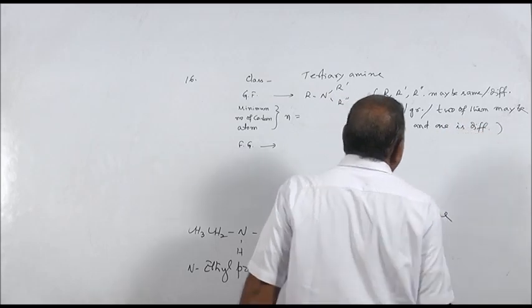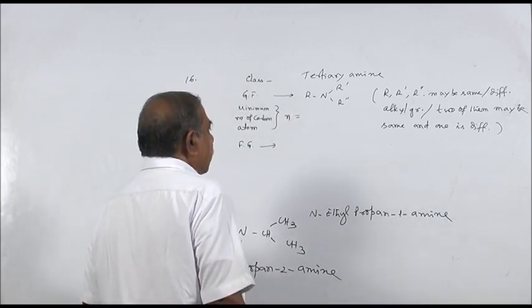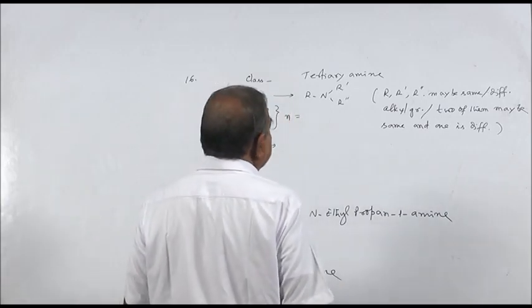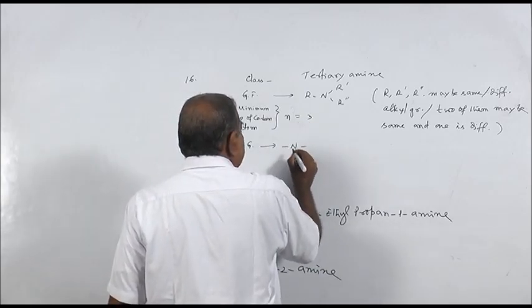So there are 3 possibilities. All 3 alkyl groups may be the same or different, or 2 of them the same and one different. So the minimum number of carbon atoms is 3.